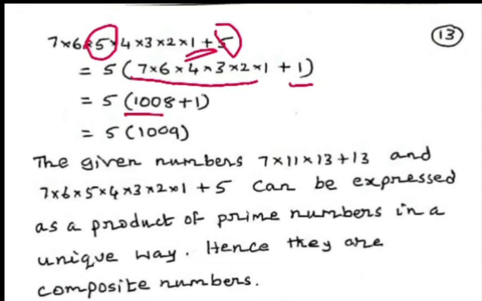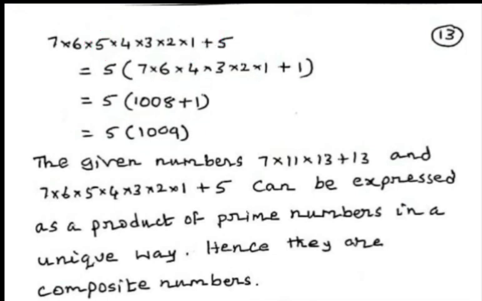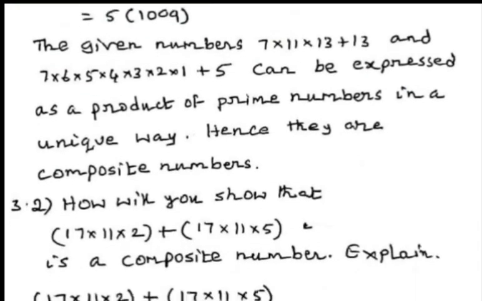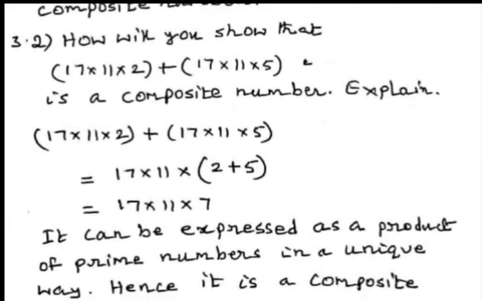So adding these two, we write it as the product of 5 and 1009, and 1009 is a prime number. So this number is expressed as the product of prime numbers in a unique way. Hence these two numbers are composite numbers.